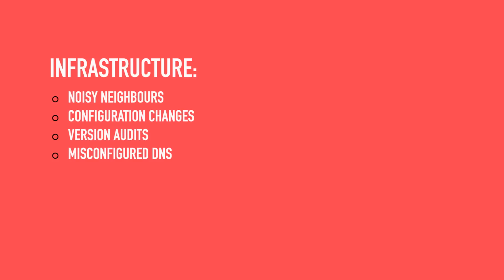And finally, for infrastructure, you can use it to identify noisy neighbors running on a host sapping resources from other apps, configuration changes leading to performance degradation, version audits, so zero-day vulnerability checks ensuring config changes went through, or just misconfiguration with your DNS making your apps inaccessible. So that is a list to get you thinking of issues that you can detect with OpenTelemetry. Now that we have that covered, let's move on to our project.